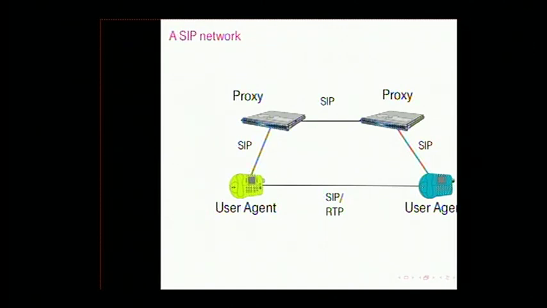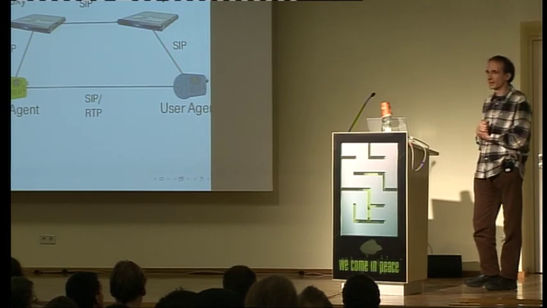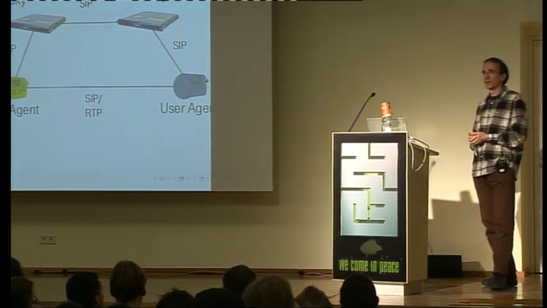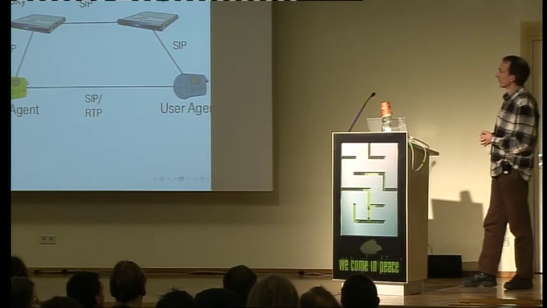This is a typical SIP network. It's a bit like email. You have SIP domains. You can query the DNS for the SIP proxy responsible for the SIP domain. There's a mechanism called the SRV record, which resembles the MX record in email.